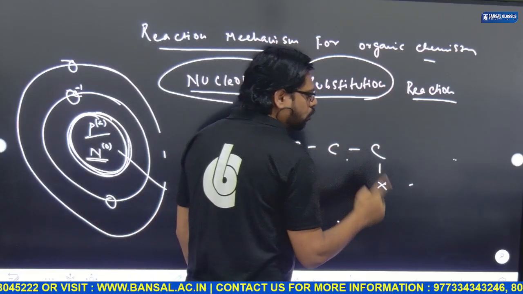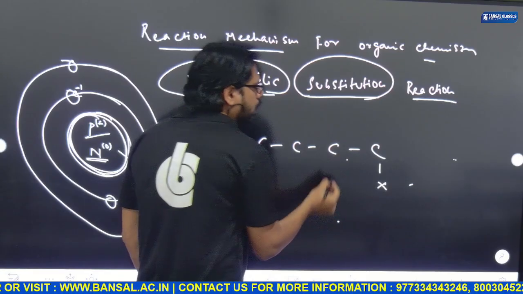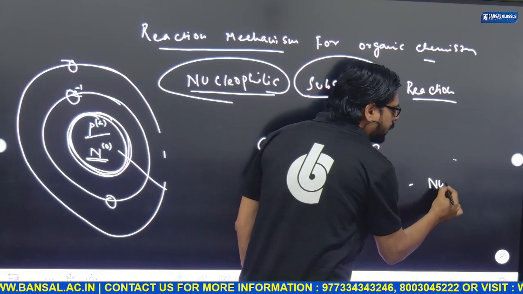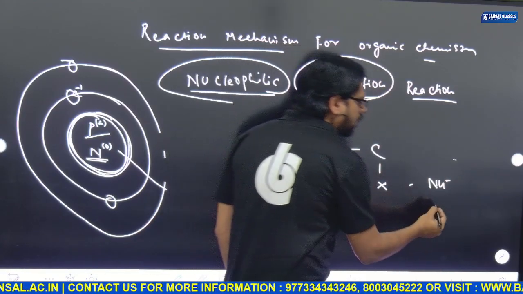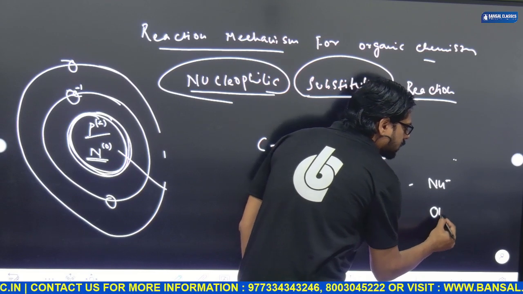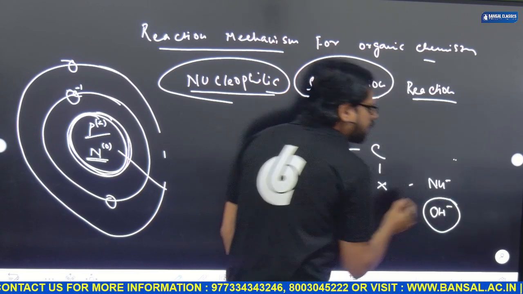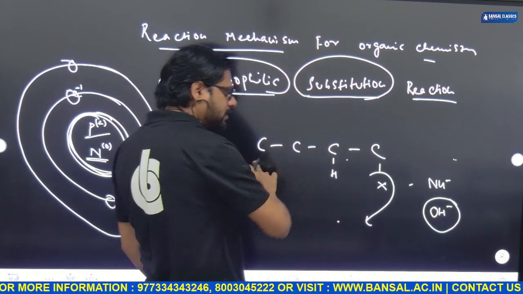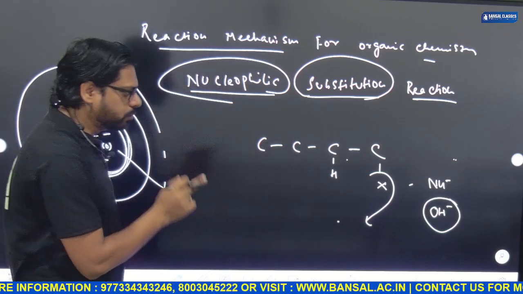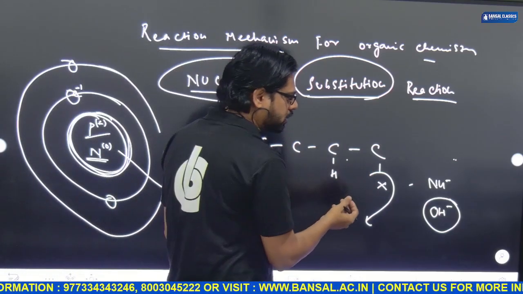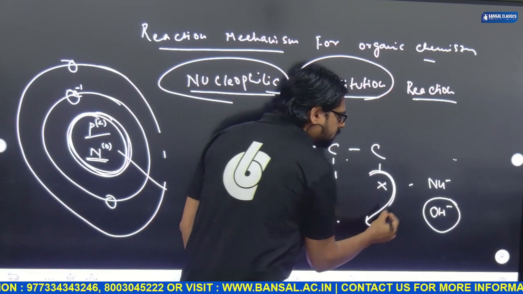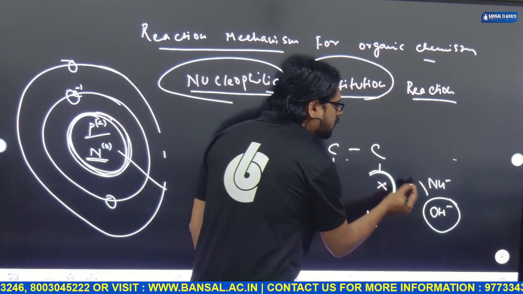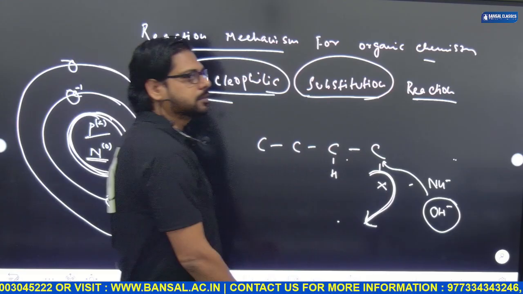It might contain chlorine, bromine, iodine, or fluorine, and here is something called H, and also there is a nucleophile Nu minus. For our study purposes, let's take here an OH minus group. Now, what is substitution? Substitution means taking out this particular halide from this alkyl halide. Now, I have taken a new word, alkyl halide. We will see in some time what is alkyl halide. We will replace this halogen atom from this particular carbon chain and substitute OH minus here.